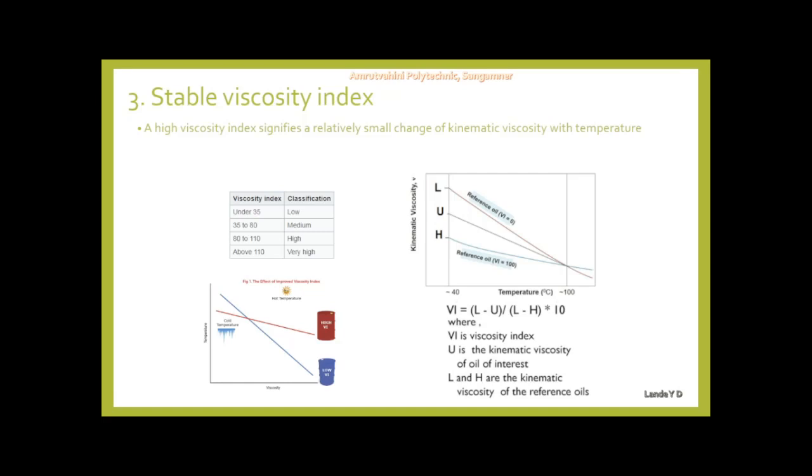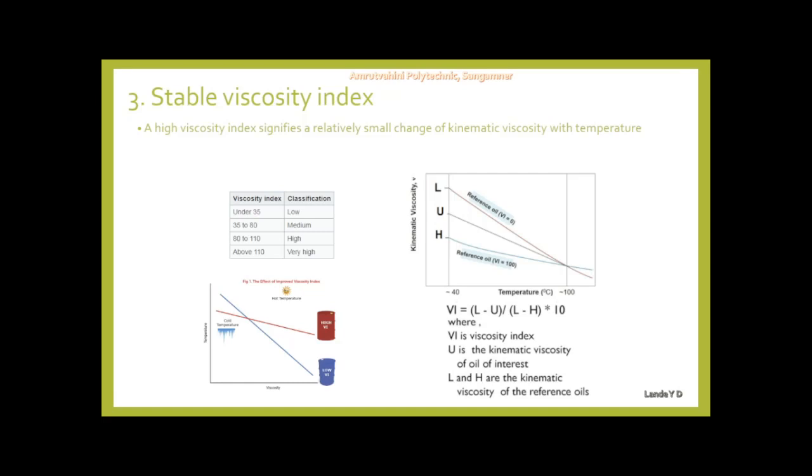Stable viscosity index is an important characteristic to consider when selecting an oil or lubricant for use in high-temperature applications, as it can help to prevent the breakdown of the oil and extend the lifespan of the equipment.